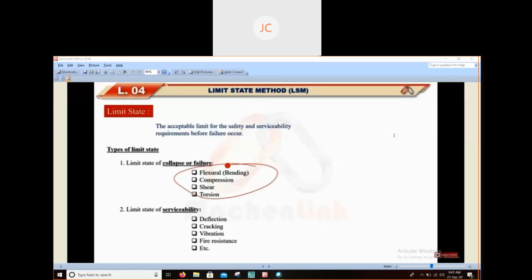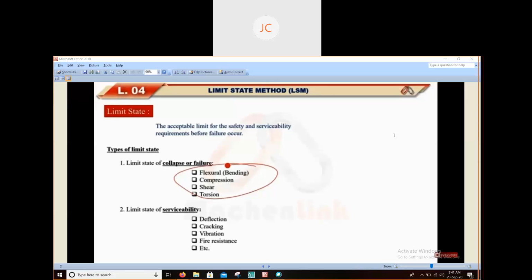So in limit state of collapse, compression means we have to design columns also. Then shear. In a building, we have to design the beams for shear also. Can you tell me what shear means, and what we have to do there in that part?